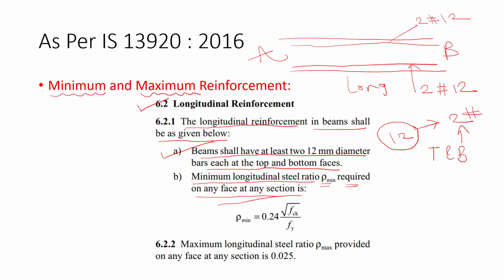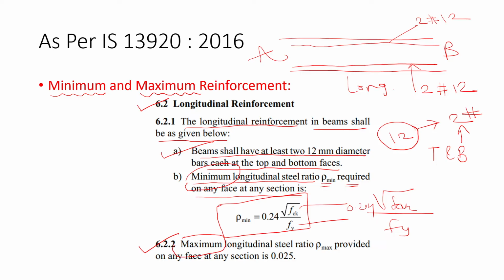This is the formula: 0.24 root fck divided by fy, where fck is under the square root and fy is below. This condition is related to the minimum, and the next is related to the maximum. The maximum longitudinal steel ratio provided at any face at any section is 0.025.